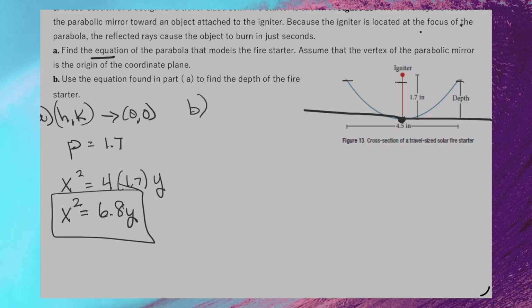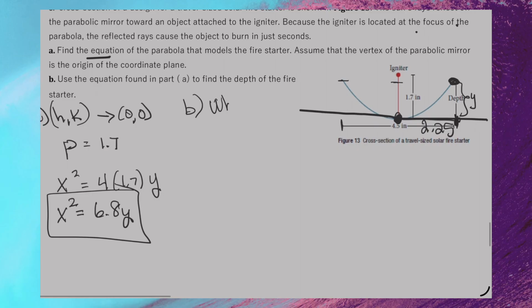So since that's the case, what is the depth, right? Since this is the origin, I'm going to use this distance out to figure out the y value. I want to know this y, which is the depth. If this is 4.5 from side to side, then this is 2.25, okay?